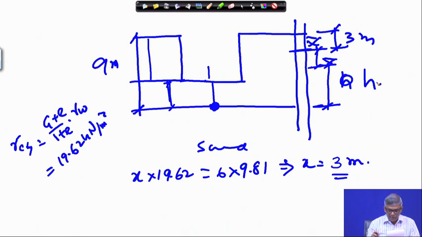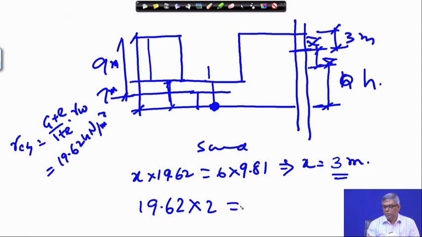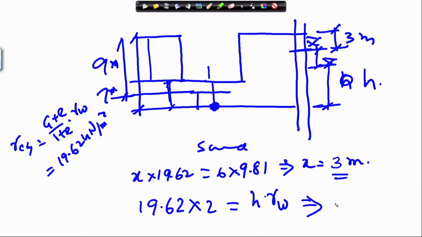Then 19.62 into 2, because the excavation is 7 meter. Now I am going down to 7, it was 6, now I am making it 7 meter. So, the soil above will be 2 meter, 19.62 into 2 will be equal to h into gamma w, where h is the final water table. From this, I get h becomes 4.